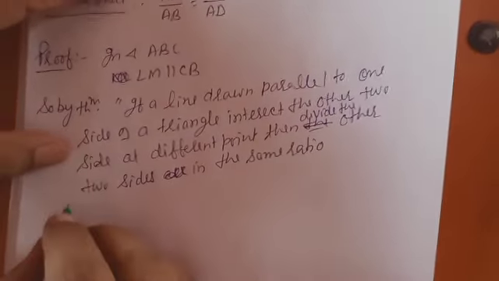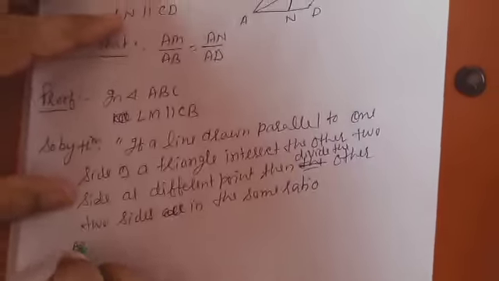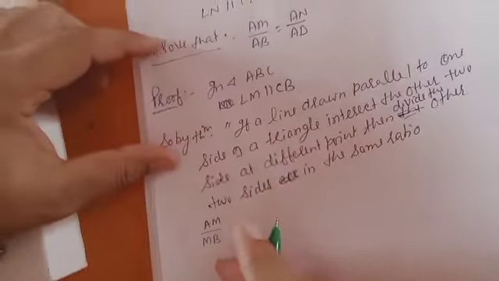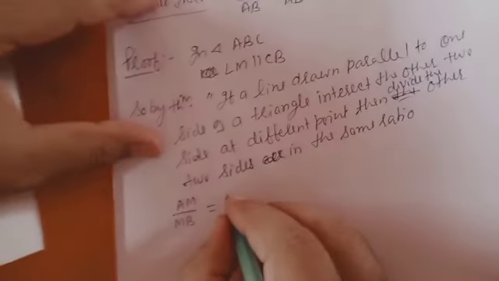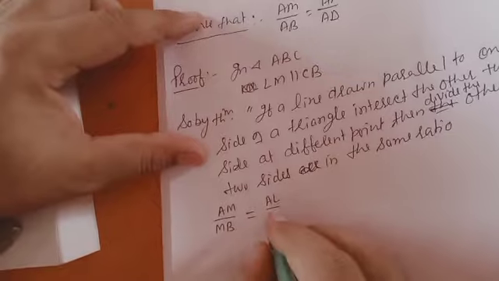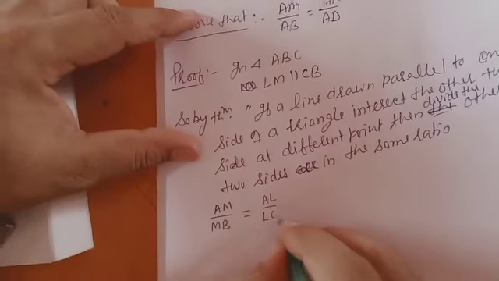So here AM by MB, what's AM by MB? AM by MB is equal to AL by LC. This is your first.